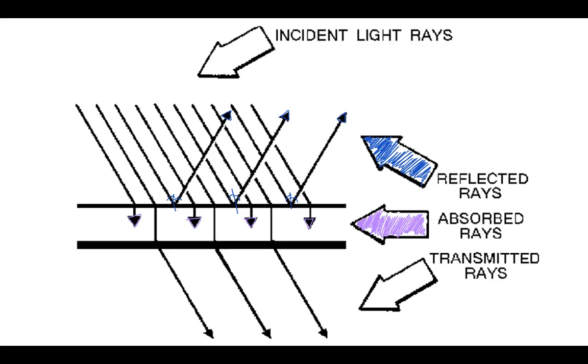These are the ones that go through, but as you can see, they actually change their angle. So this is a type of refraction. So when we start looking at these, I'll outline these here. Okay. And this is going to be transmitted rays.